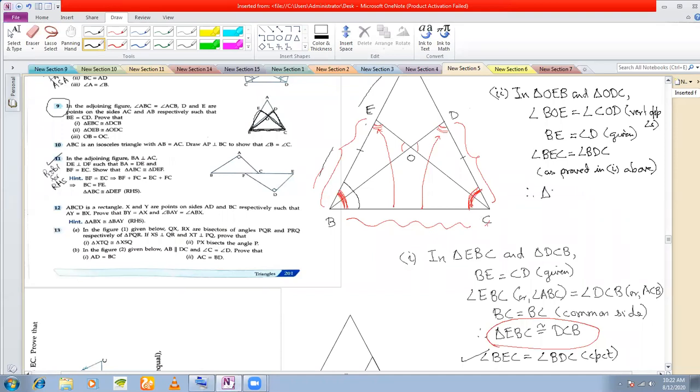Therefore, triangle OEB must be congruent to triangle ODC. Okay. Now I have shown that these two triangles are congruent. That was what your question was, the second part of the question. Any questions here?